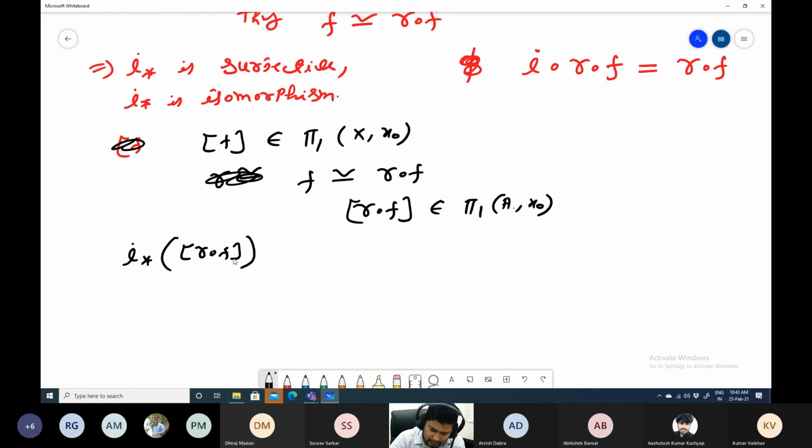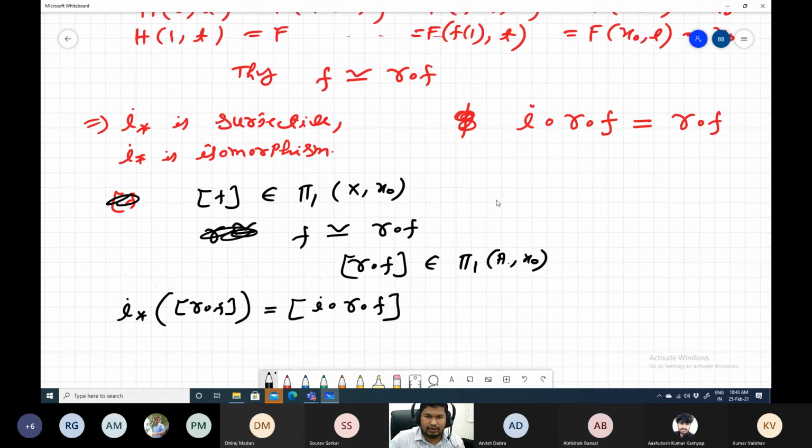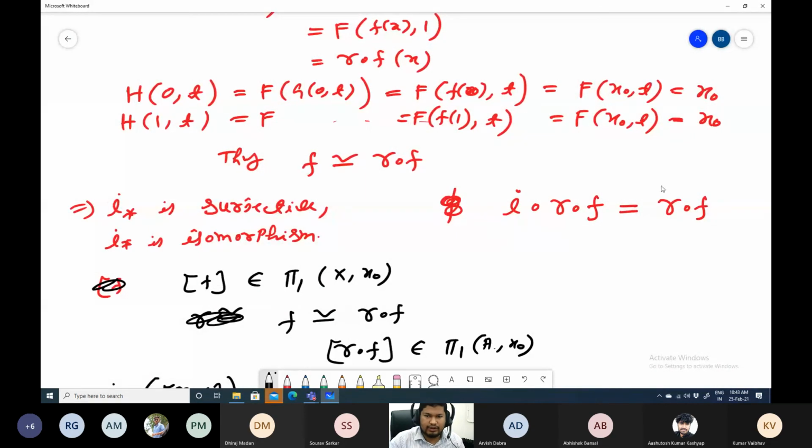Right, I got the point now. That is actually i compose R compose F. And what we have proved is not actually this. We have proved i compose R compose F, because we have proved that for the homotopy class, right?